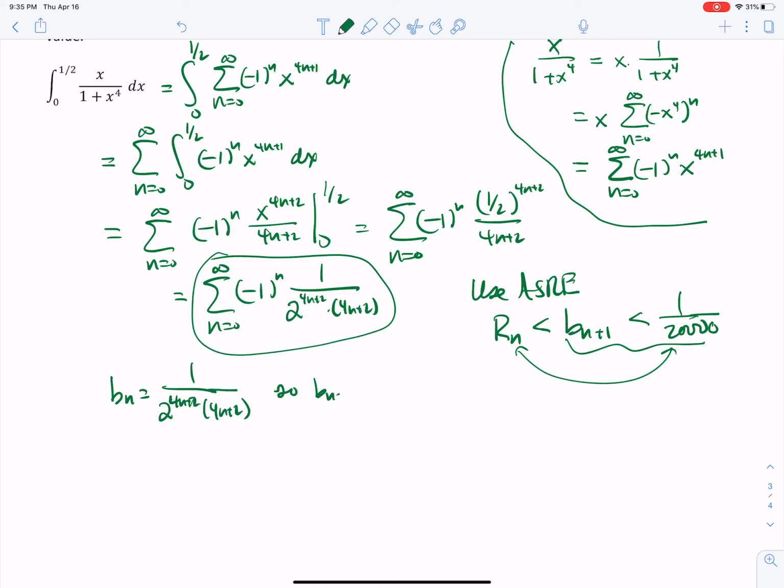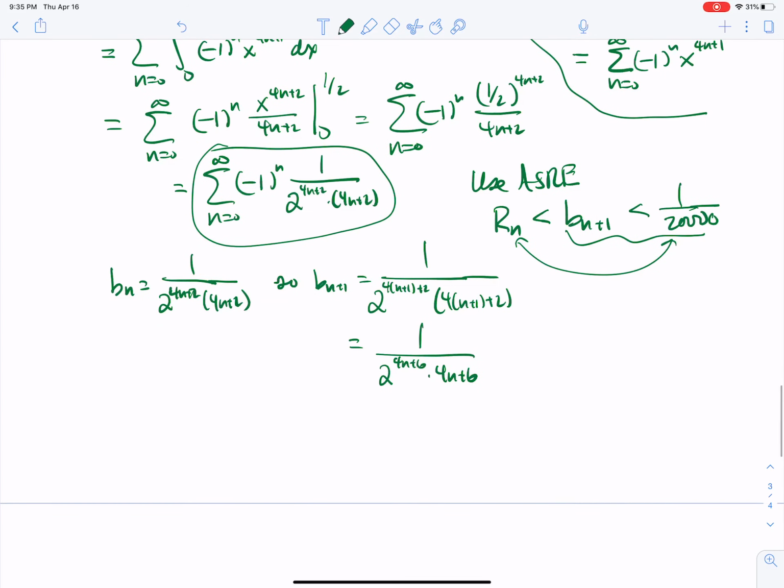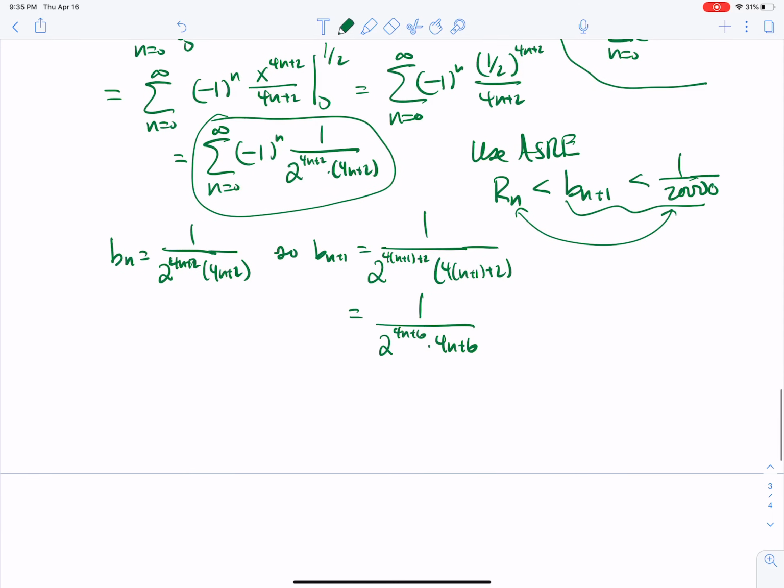So B sub n plus 1 I find by replacing the n's with n plus 1. And if I do that work, 4 times n plus 1 plus 2 is 4n plus 6. And so I've got B sub n plus 1 being 1 over 2 to the 4n plus 6 times 4n plus 6.